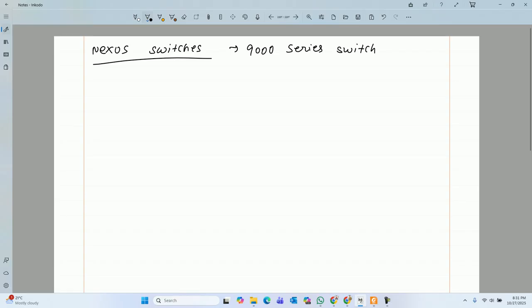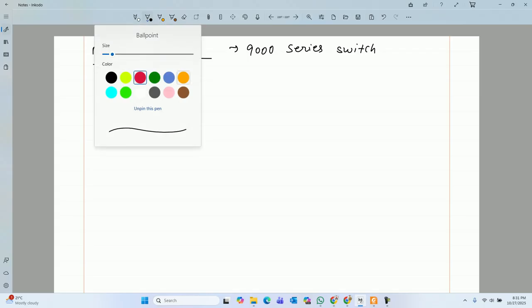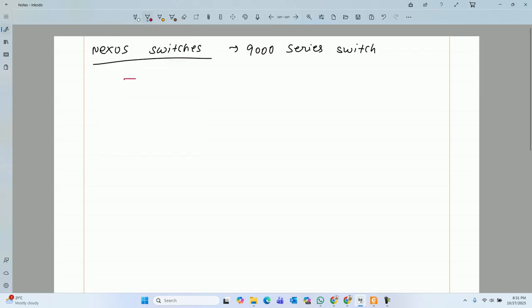In this 9000 series, we have two major families of switches known as 9300 series and 9500 series.